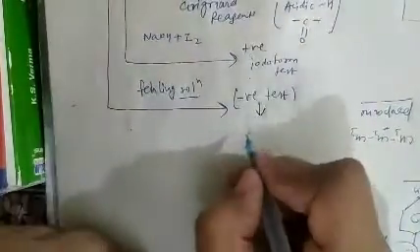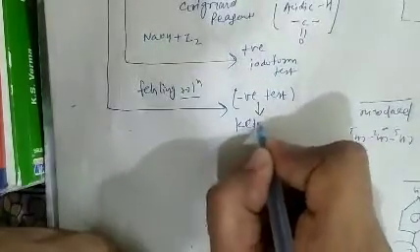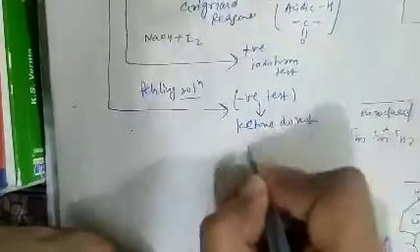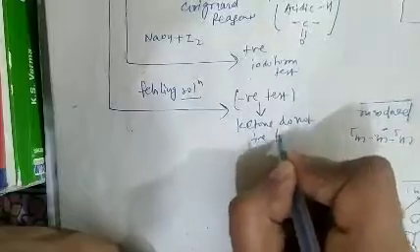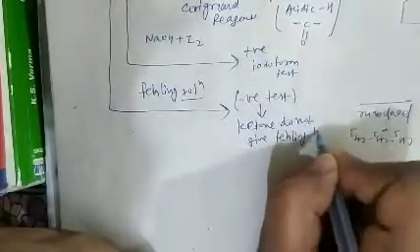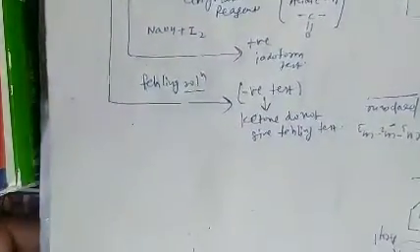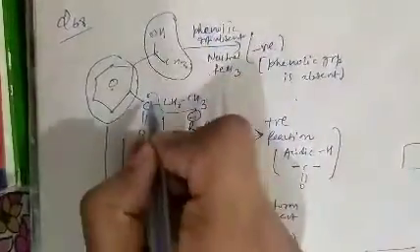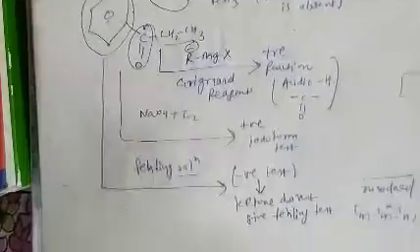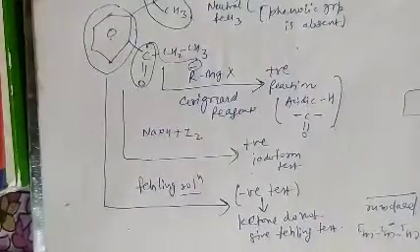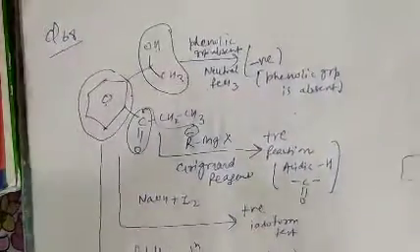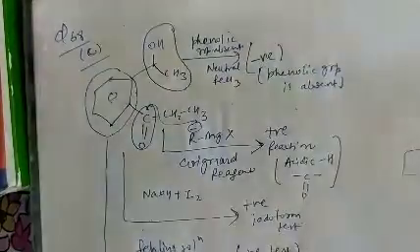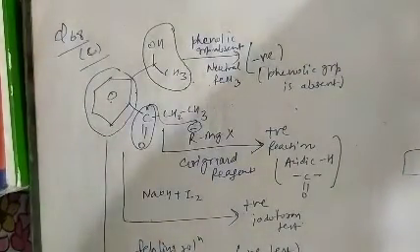Because ketones do not give the Fehling test. As in this compound there is no aldehyde, there is a ketonic group. Therefore it gives a negative test. So question number 68, option C is correct. See question number 69. In question number 69, what is given there?